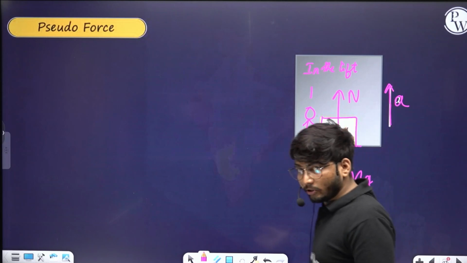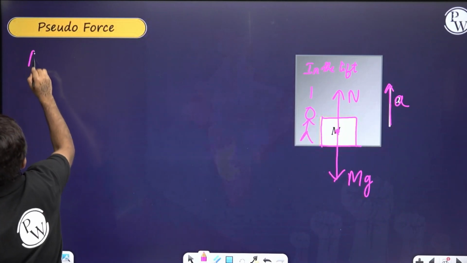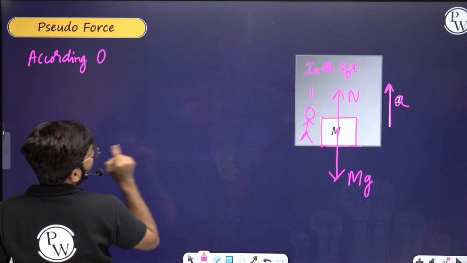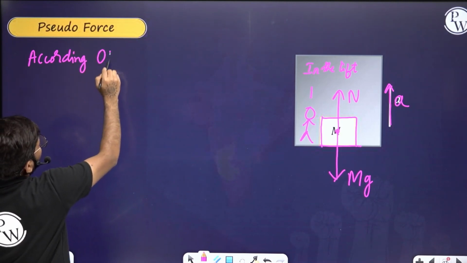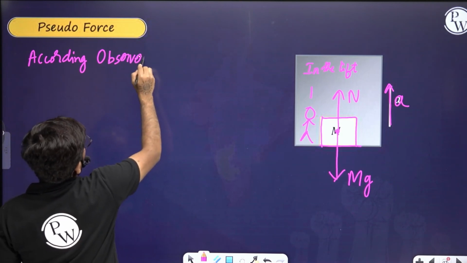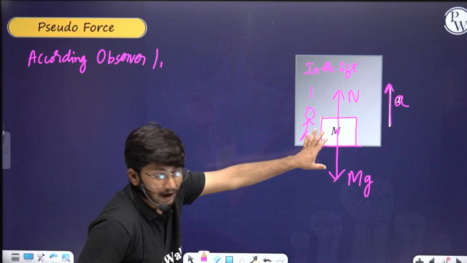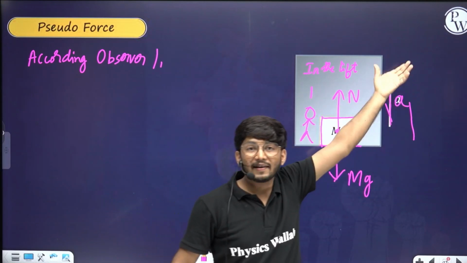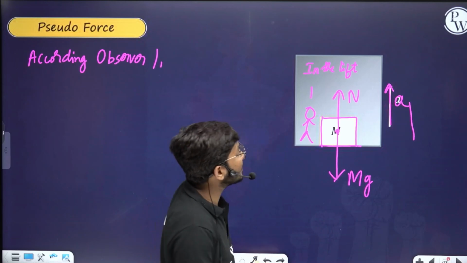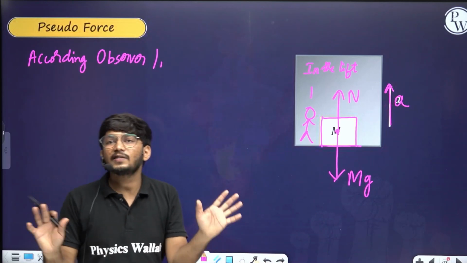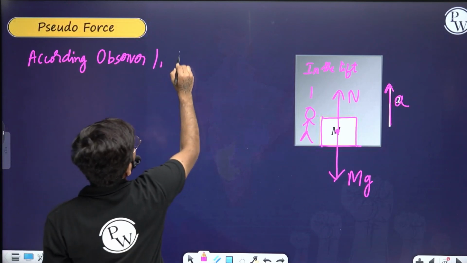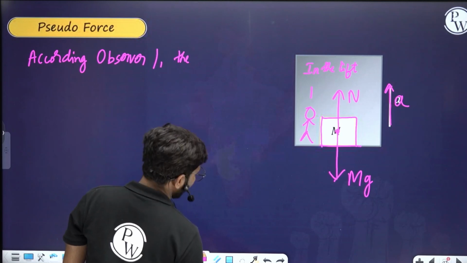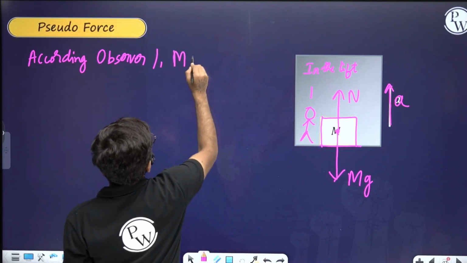So according to this guy, observer 1, this m is in equilibrium, but there is no way that he knows the lift is accelerating upward, because he is inside the lift. So according to observer 1, the block m is in equilibrium.